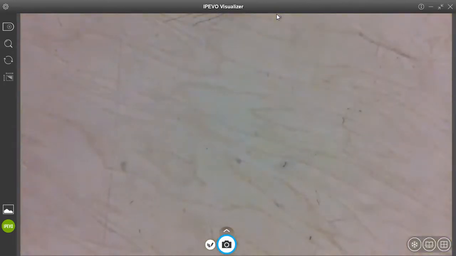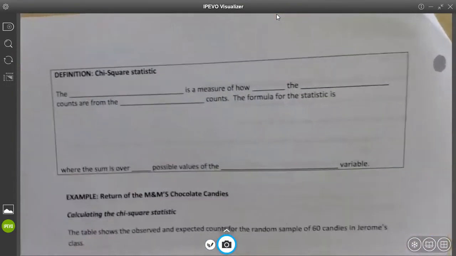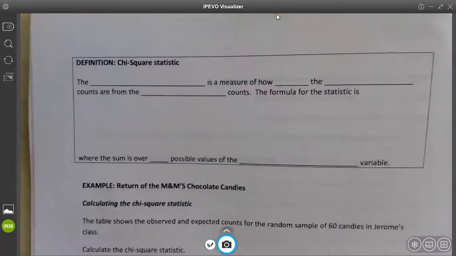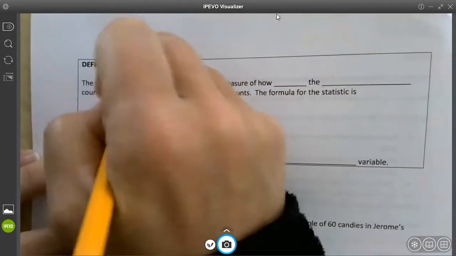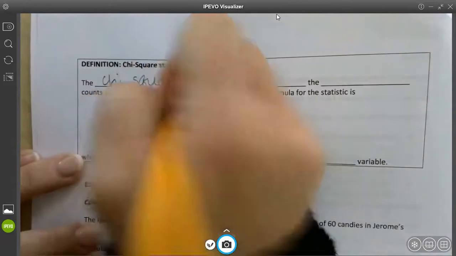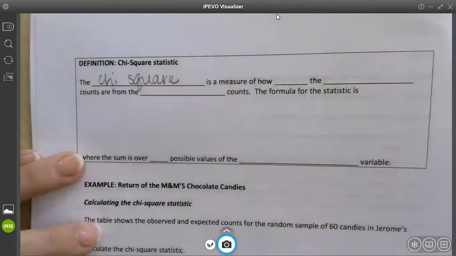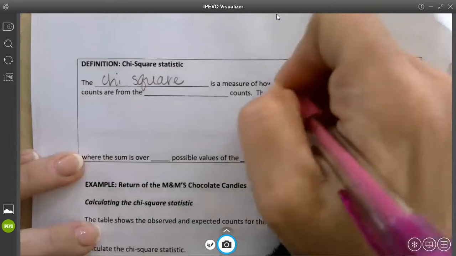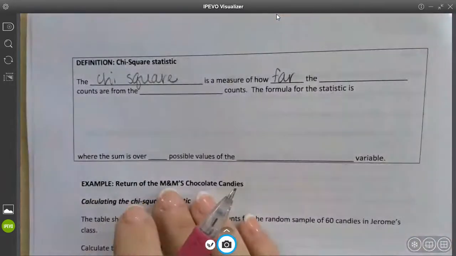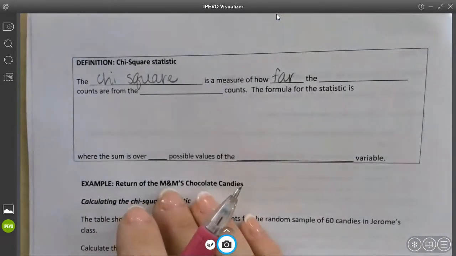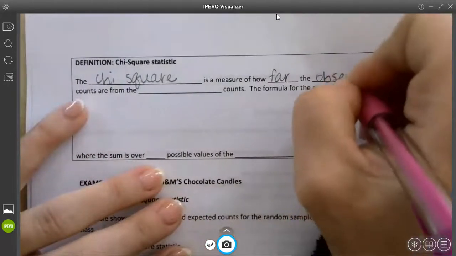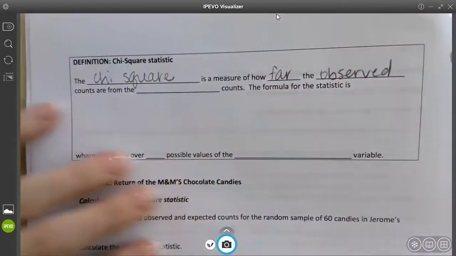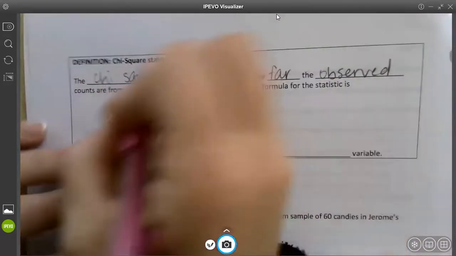The next page, chi-square statistic. I don't know why I have such a hard time with that word. The chi-square is a measure of how far the observed counts are from the expected counts.